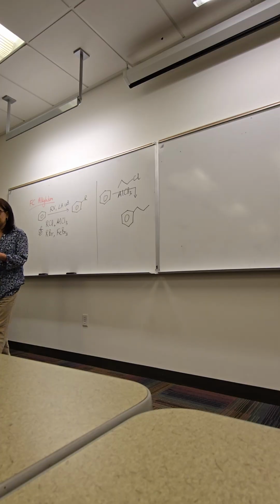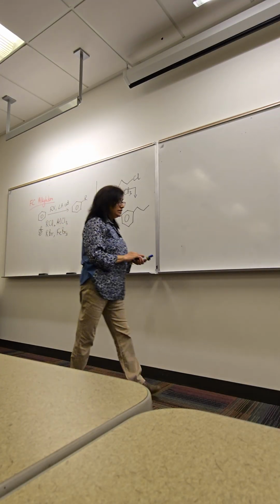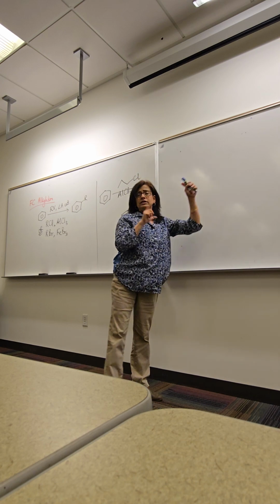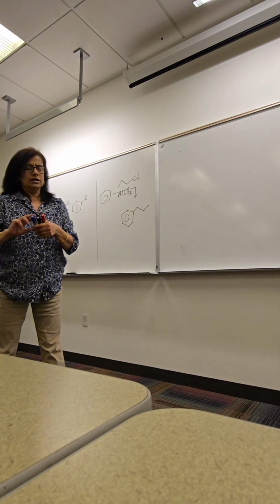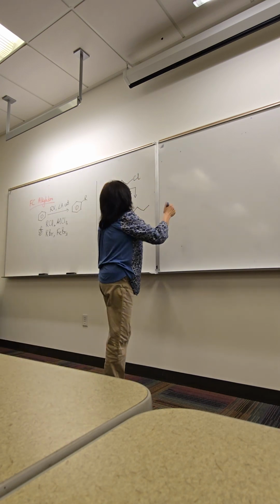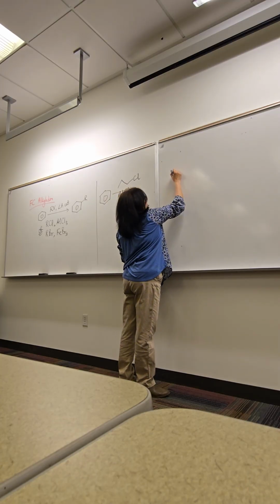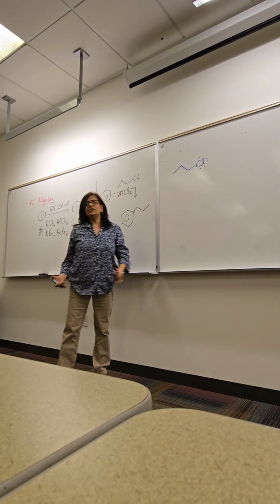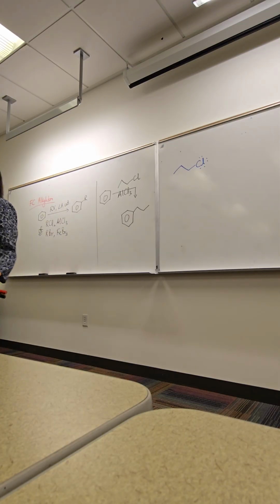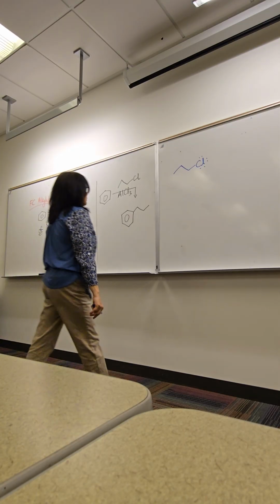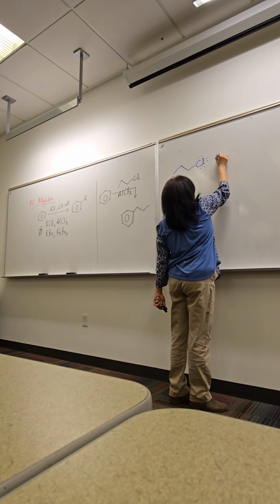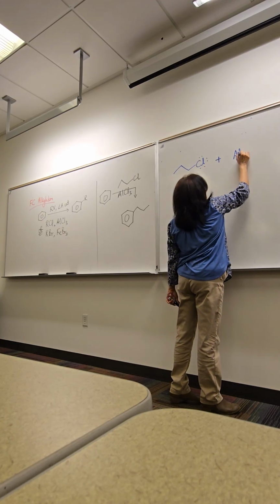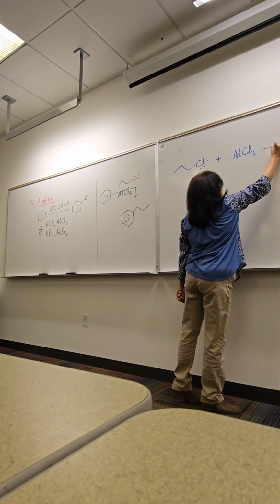Okay, let's write a mechanism for that reaction. Step number one again is very similar. You'll see the similarities between this mechanism and halogenation. The first step is generating the electrophile. Until you have an electrophile, benzene cannot react and do anything with it. So the first step is, just like halogenation, the alkyl halide gives electrons to the Lewis acid.